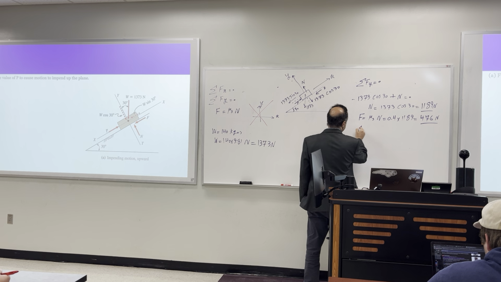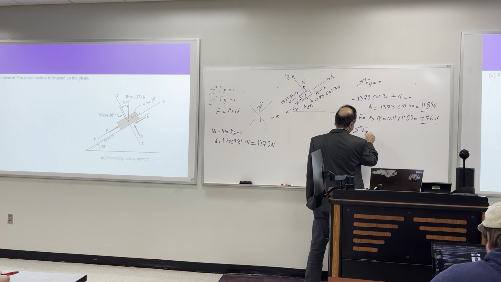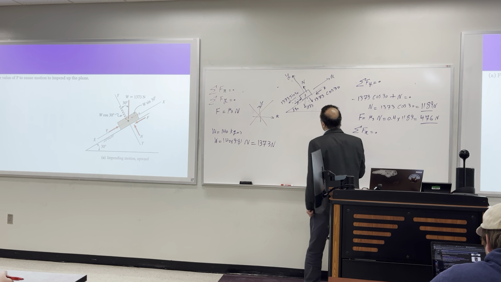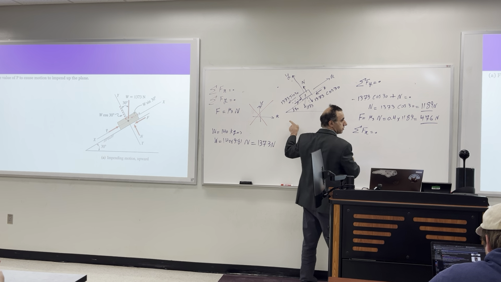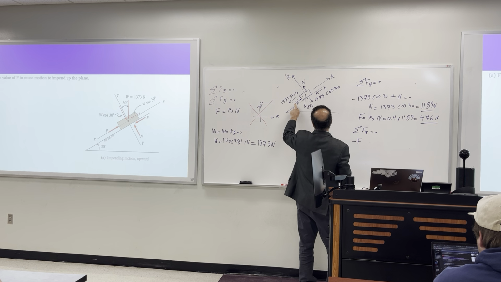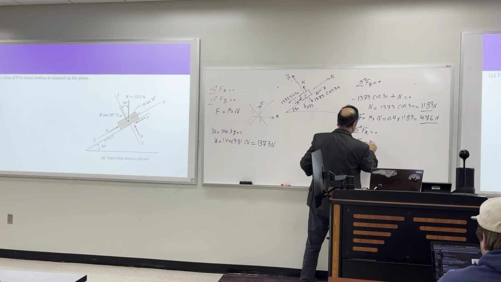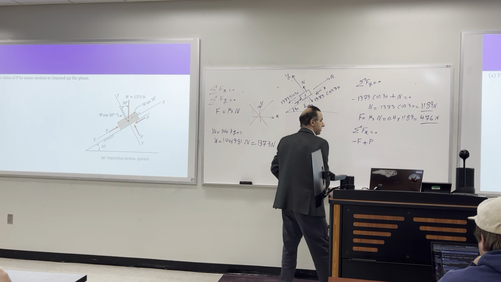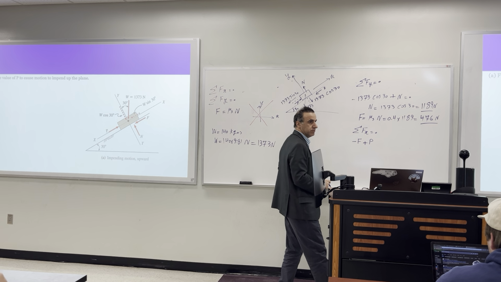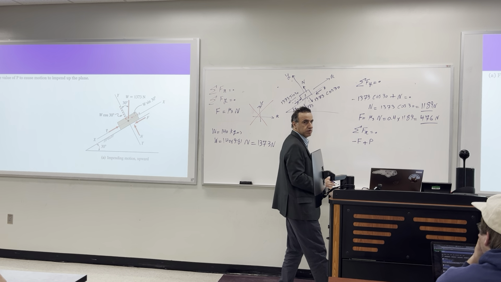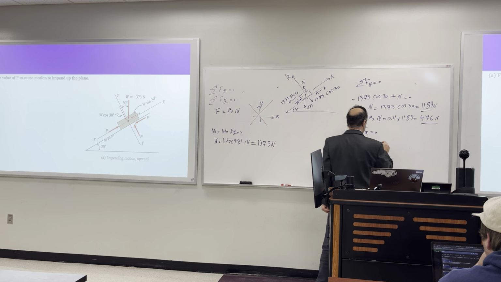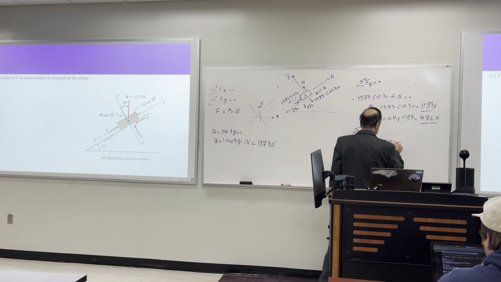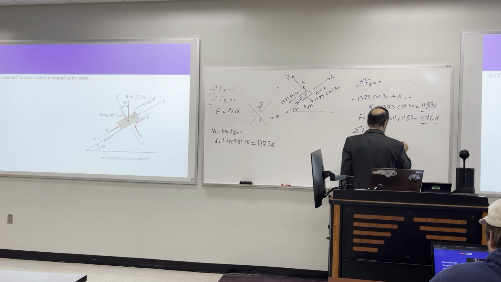Which equation? We use Fx. What do we have in x direction? F going this way minus f, right? And then we have P going positive. What else? Are we done? Minus that weight, right? 1373 times, no, sine 30.